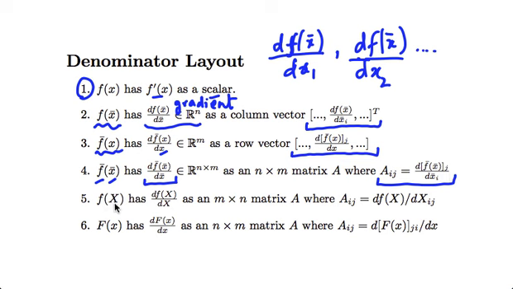The next setting is where capital X is a matrix and f is just a real valued function acting on that matrix, and the derivative in that case is again a matrix. In this case, it's an m cross n matrix, right?